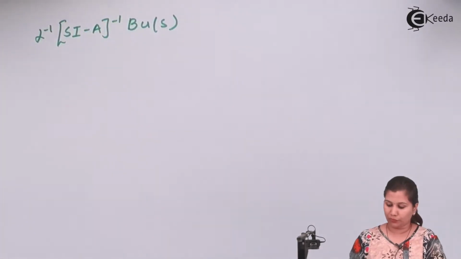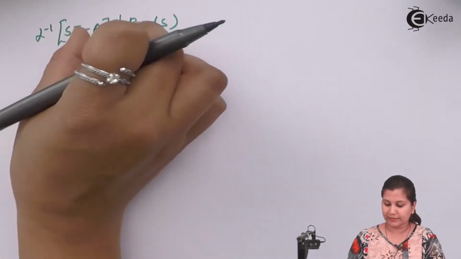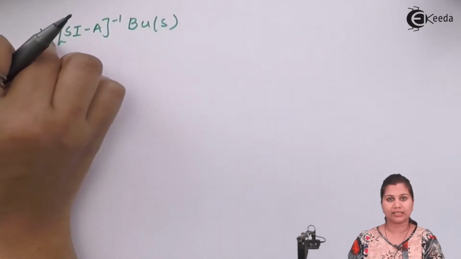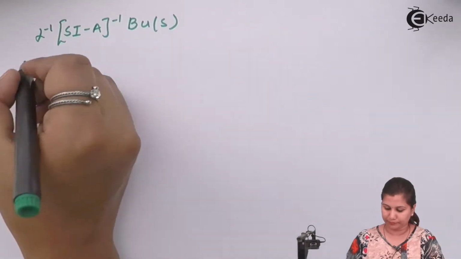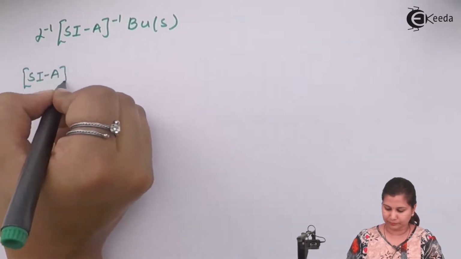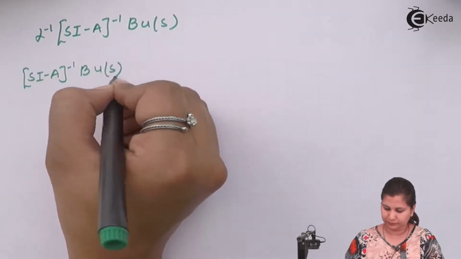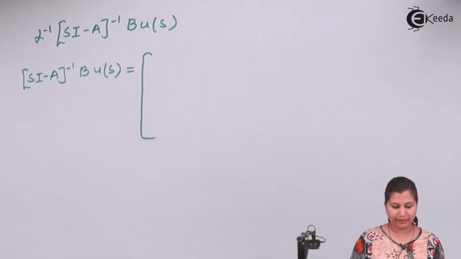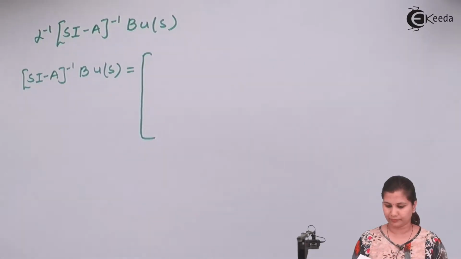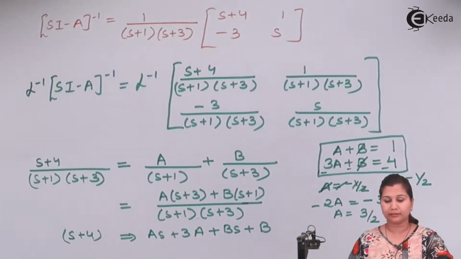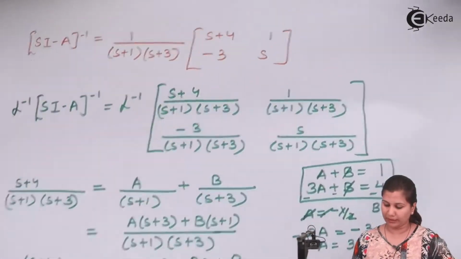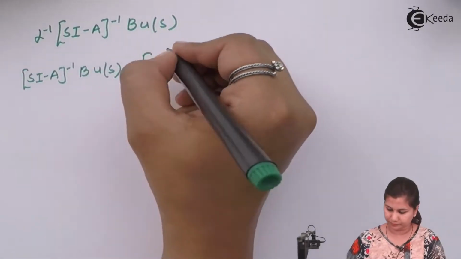Okay. So first we will multiply these matrices and then we will take the inverse Laplace transform. (sI minus A) inverse we have calculated here. This is S plus 4 upon S plus 1.